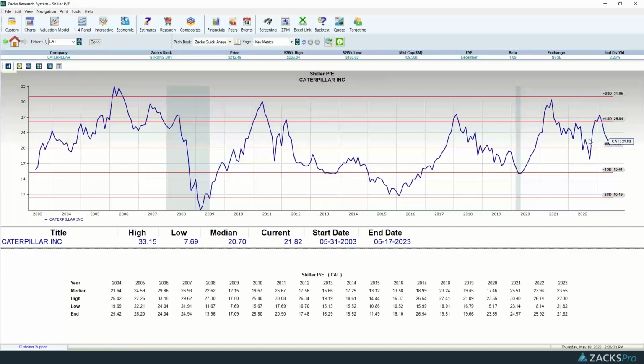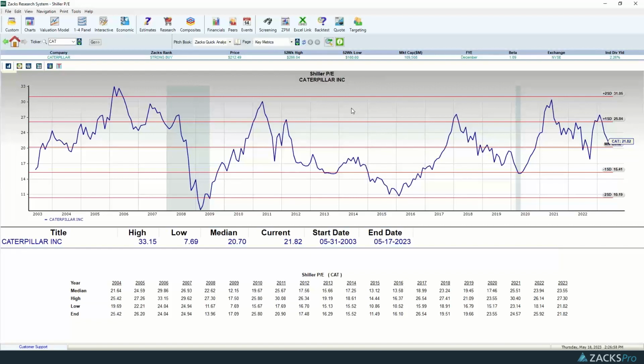So 20 years gives you a great view of valuation for any specific company. Obviously, this wouldn't work well for companies with very short trading histories, but this is a great timing tool, especially for long-term investors, but also tactical investors.